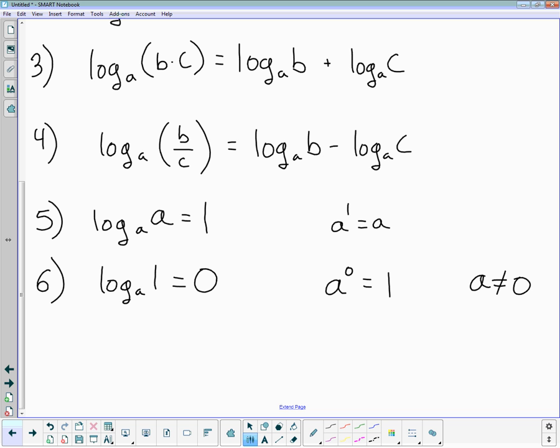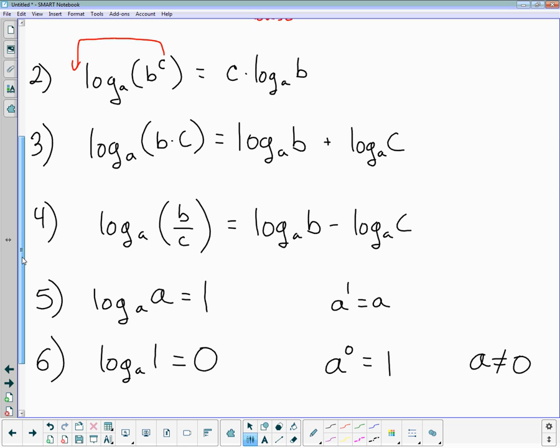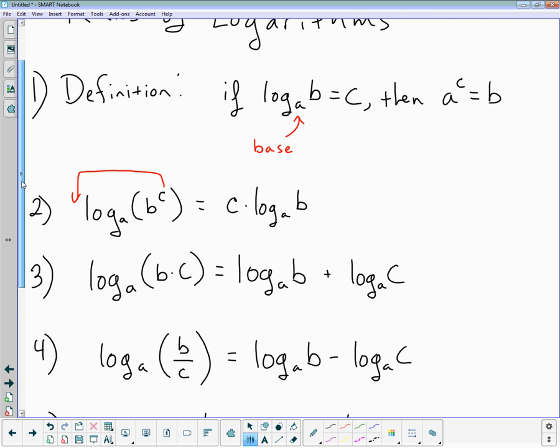Now, let's go back up here to 5 for a second. What would it look like if we had... hold on. Where do I fail? Let's go up to the definition for just a second.